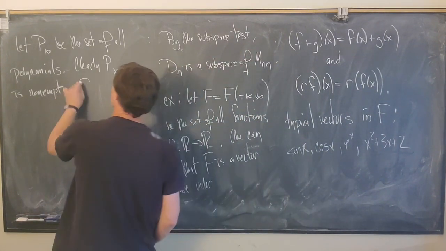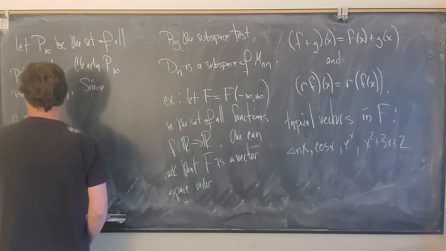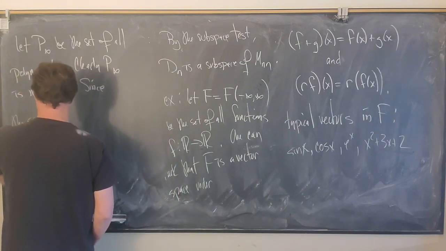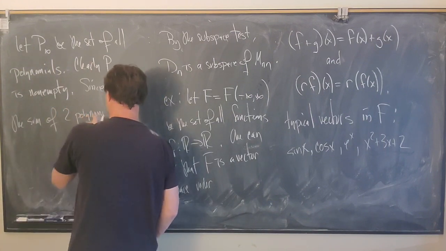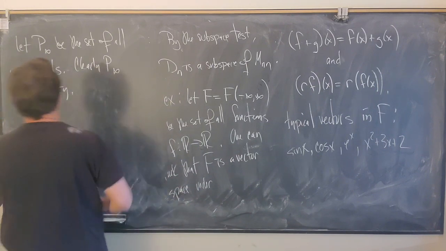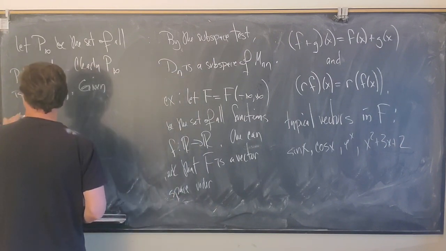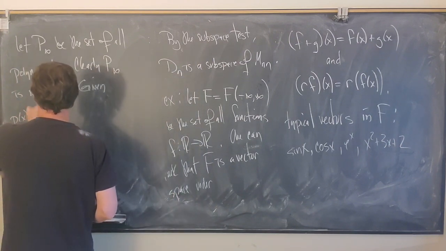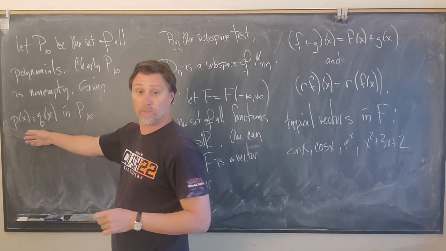So since the sum of two polynomials, and I want to say this a little better. So given P of x and Q of x in P sub infinity. Suppose we have a couple of polynomials.